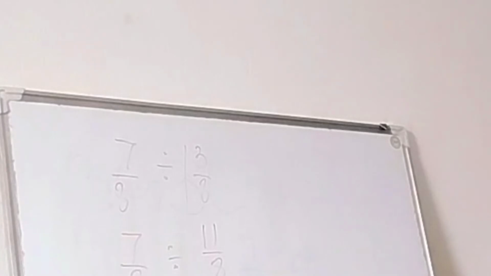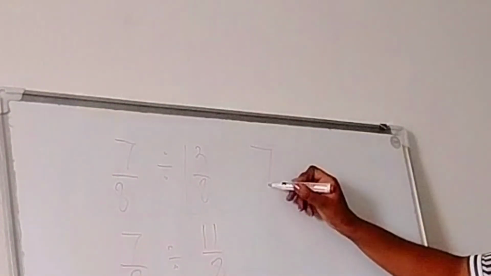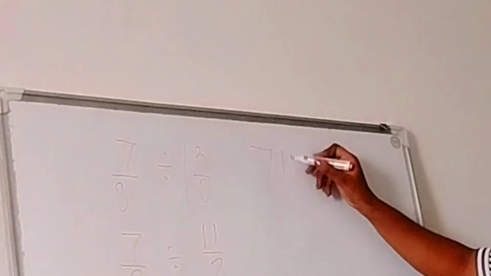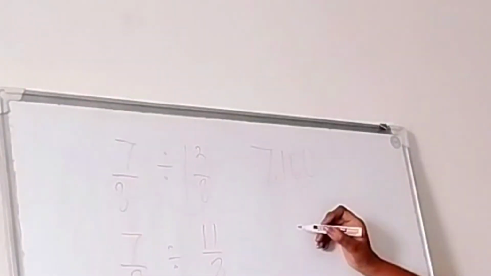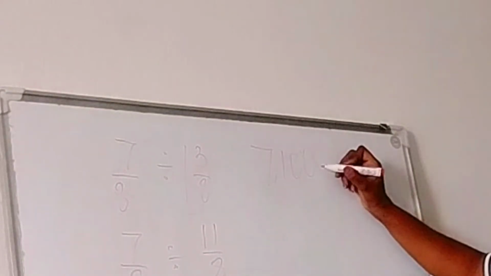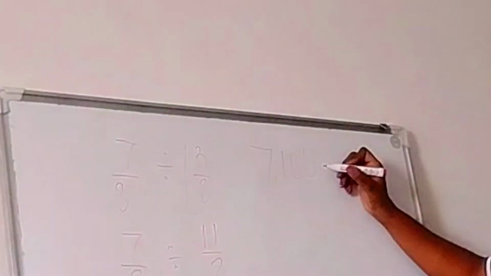Write 7,100 in scientific notation. Okay. What's the number? 7,100 in scientific notation. Scientific notation means representing that number by reducing it to a decimal and multiplying it by a power of 10.